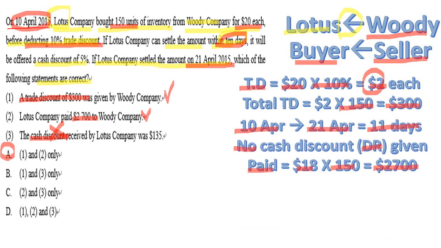The other part is Lotus bought the wood on the 10th of April. That will be a month. Altogether, there are 11 days. But it is out of the 10 days of grace period within which Lotus company can enjoy the cash discount. So right here, Lotus company cannot enjoy the discount.